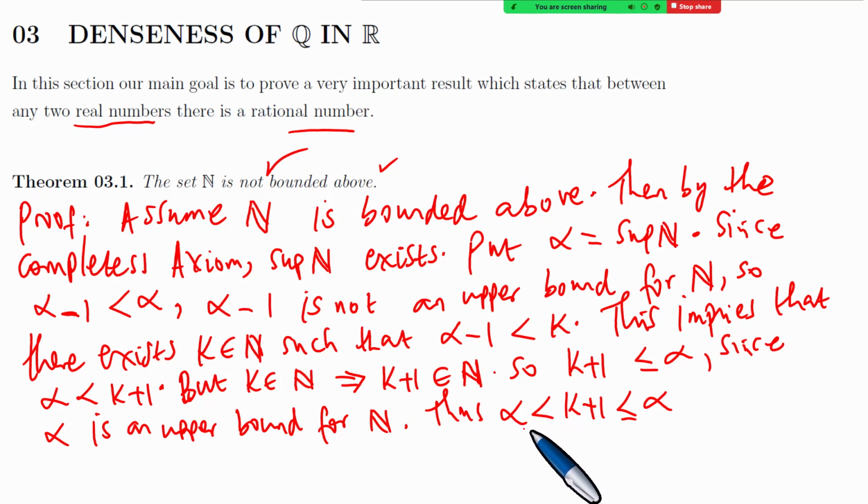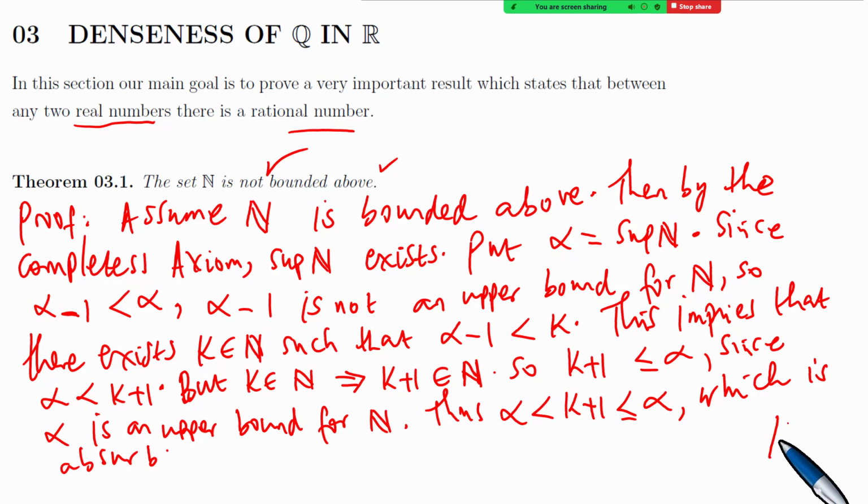So you can put k plus 1 between alpha and alpha, but this k plus 1 is rather bigger than alpha, but less or equal to alpha, which is absurd, which is a contradiction. And this concludes the proof.